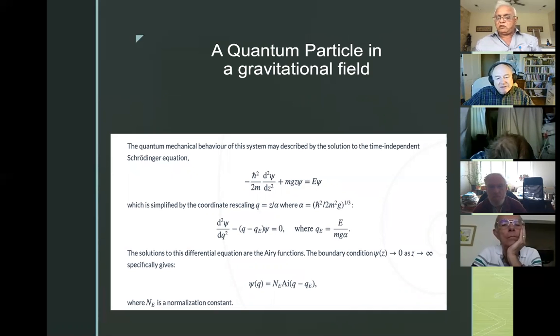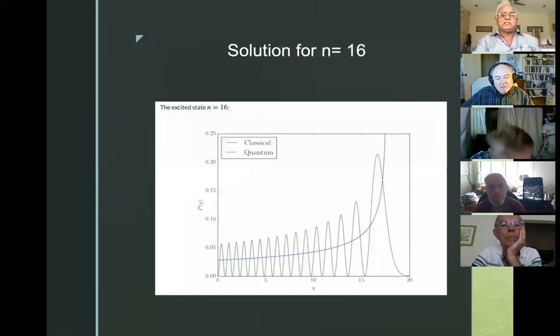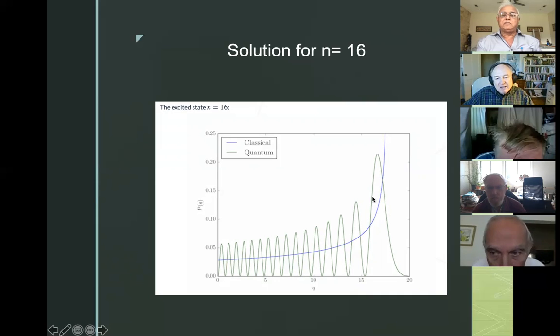When we solve this for n equal to 16, you will see that we have levels. The blue one is the classical, where you always have a resonance for some reason, but when we do the quantum, it gives us different levels.